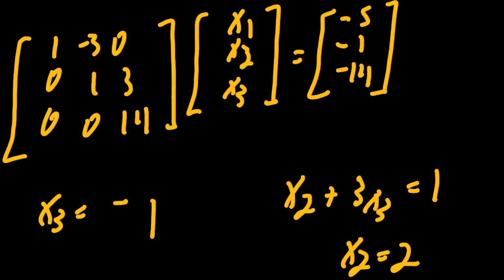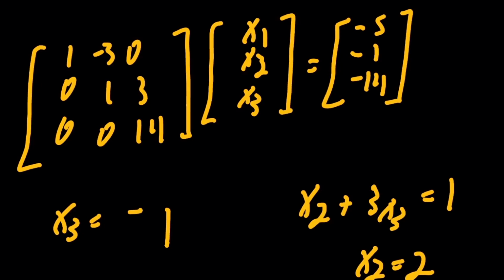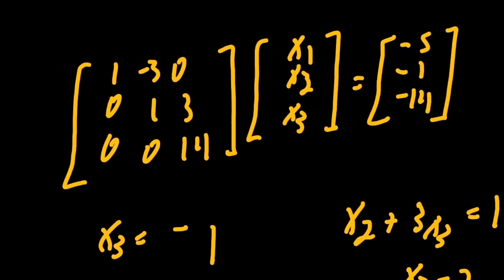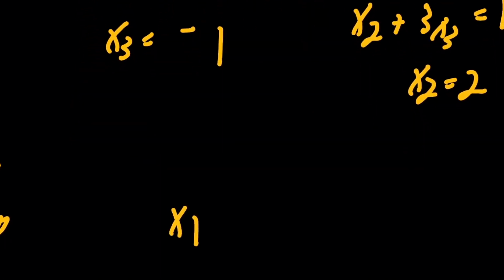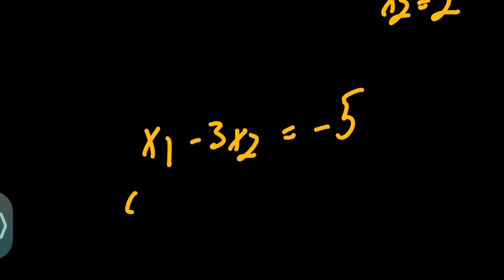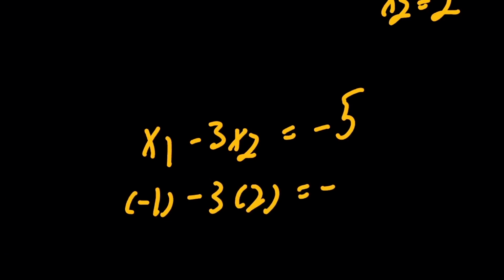Now, we only need to solve for x of 1. How are we going to do that? The same way we looked for x of 2. So we have x of 1 minus 3x of 2, and then there's a 0, and 0 times anything is 0, which is equal to negative 5. We know x of 2 is 2, which is equal to negative 5.